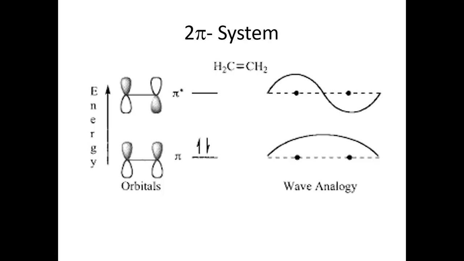That'll be for the 4-pi. For the 2-pi, remember, each one of these carbons has a p orbital on it in the pi bond. So it's a p orbital here and a p orbital on the other one.